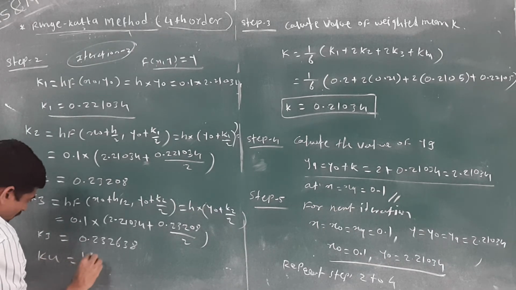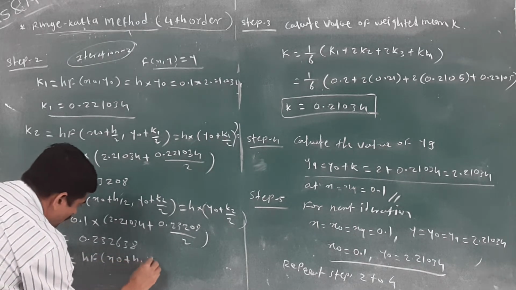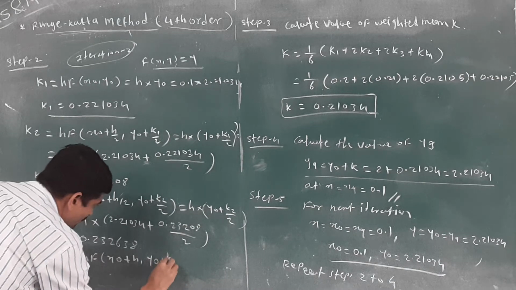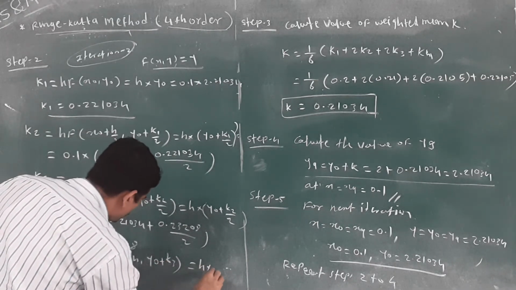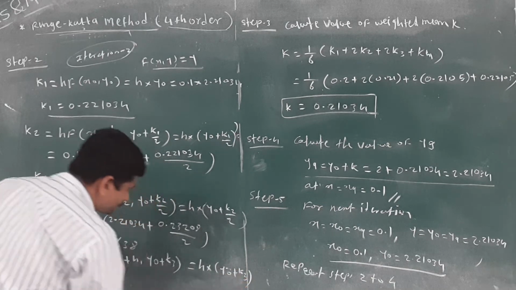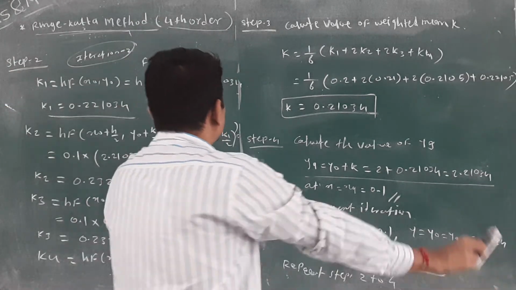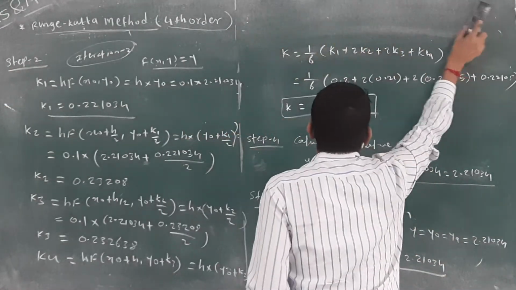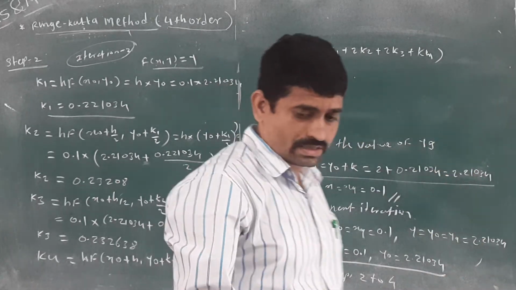Finally we want to calculate the value of k4. Directly I write h f of x0 plus h, y0 plus k3. Again here, h into y0 plus k3. What is the value of k4?